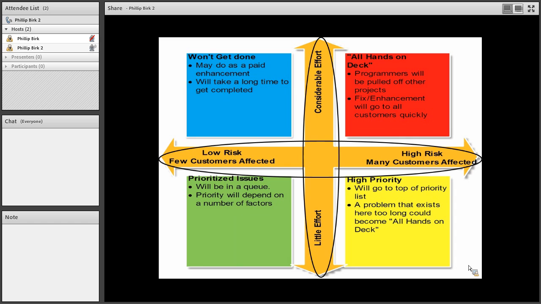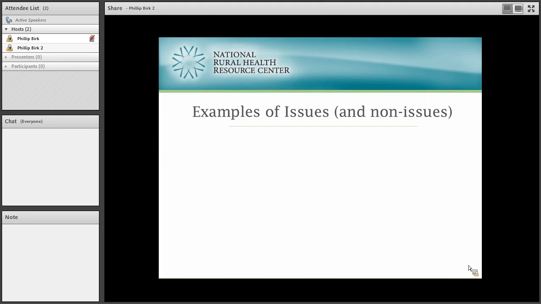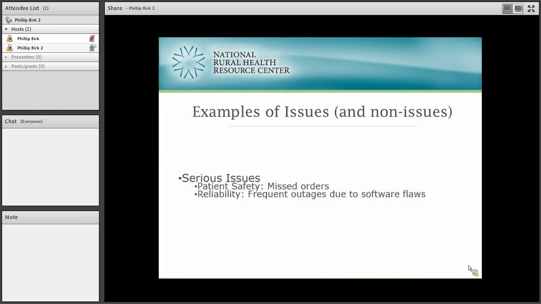Keep in mind the kind of competing measures here. With the healthcare provider, you're typically looking at how much risk and how many people are affected. If it's something that affects one department, it has a lot less importance than one that affects every user.